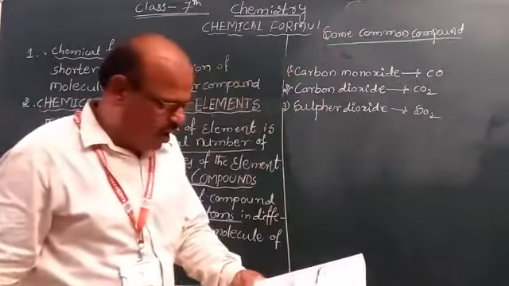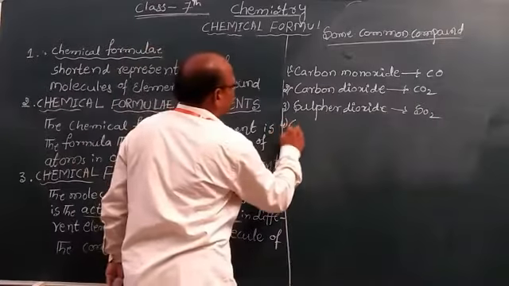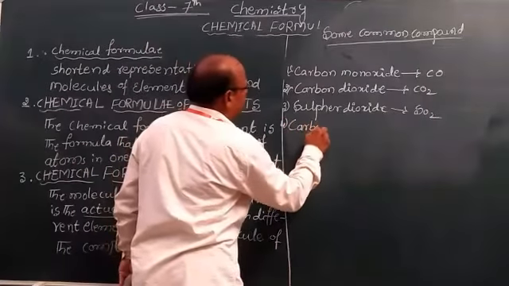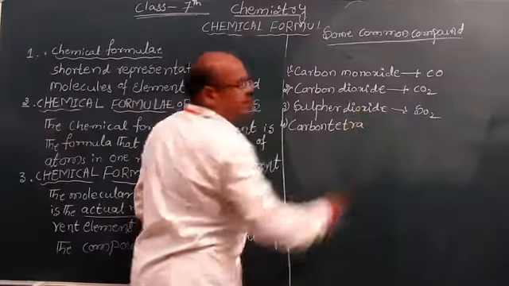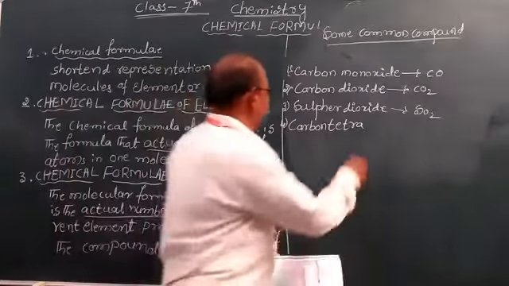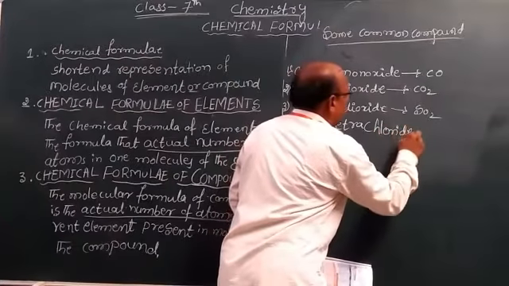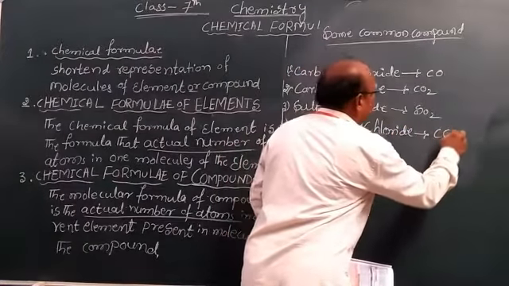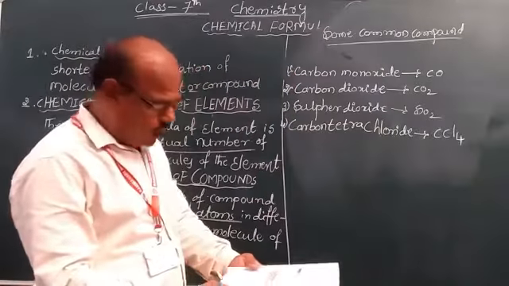The fourth one is carbon tetrachloride, CCl4. That is the chemical formula of carbon tetrachloride.